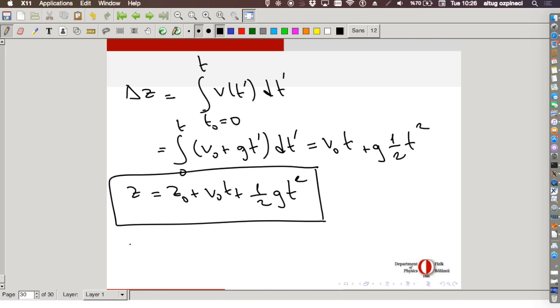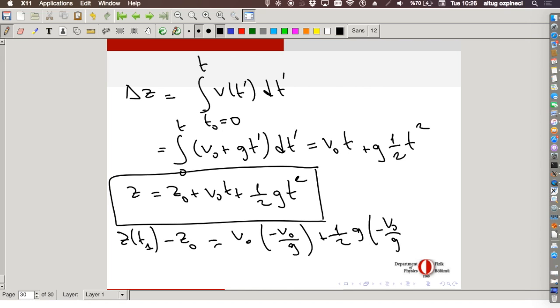The height that it will reach, z of t1 minus z0, the maximum displacement from the initial point, will be equal to v0 times t1, which is minus v0 over g, plus 1 over 2 g times (minus v0 over g) squared, and this is equal to minus 1 over 2 v0 squared over g.